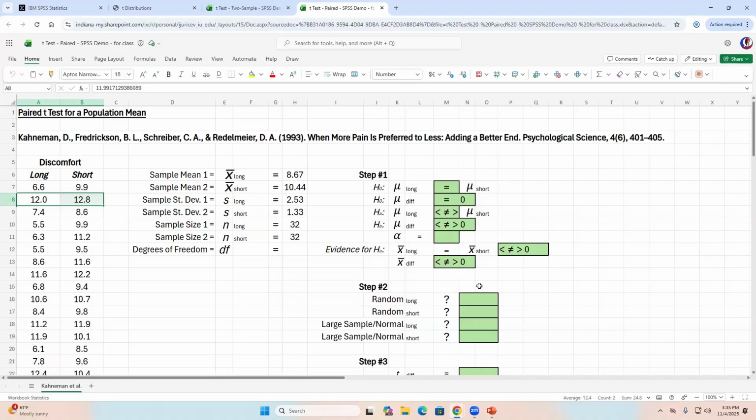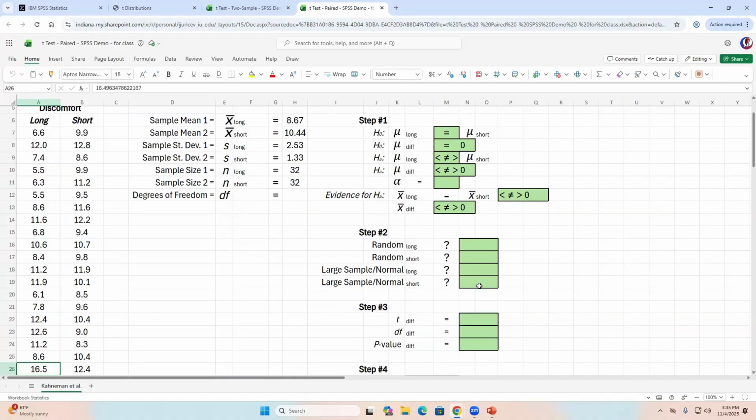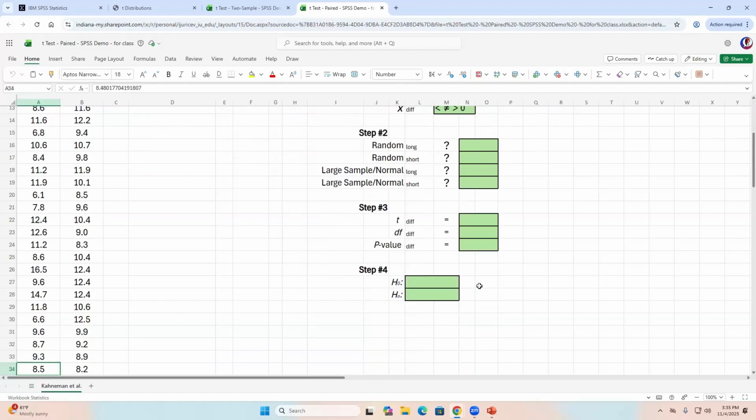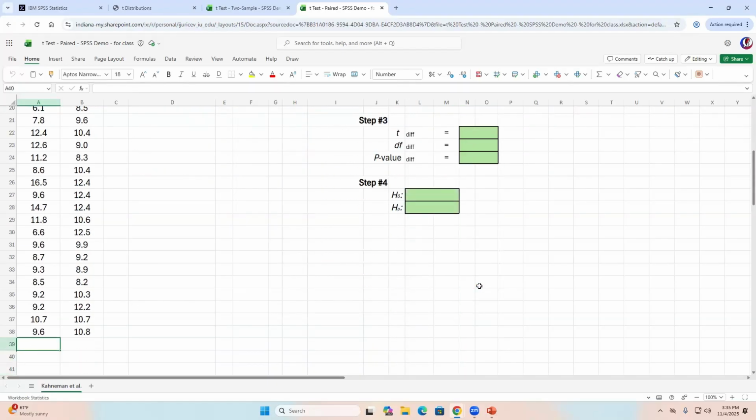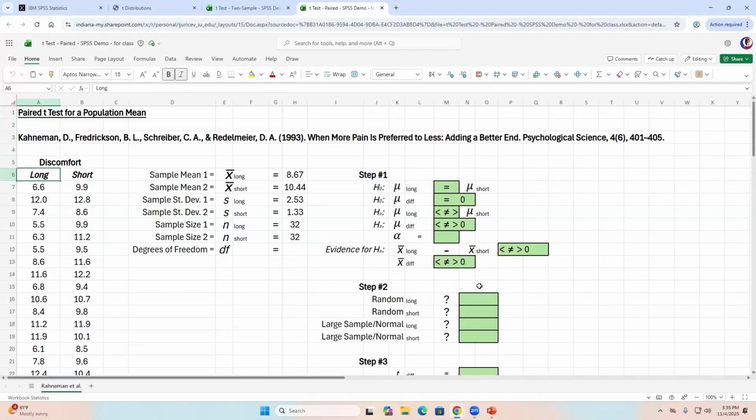And if you have somebody like subject number 3, maybe they're part of the polar bears. Maybe they jump into ice water for fun, and they didn't find this to be too painful. Well, they're a member of the polar bears in the long condition, and in the short condition.